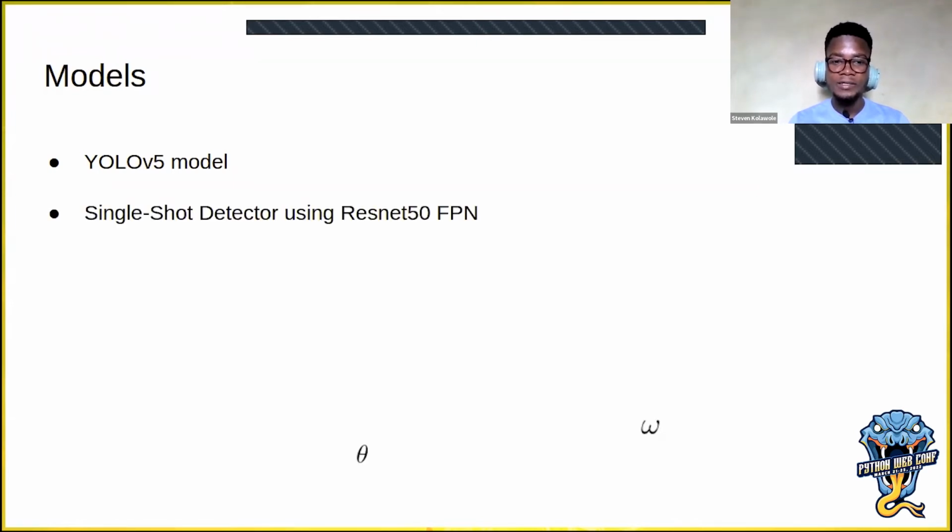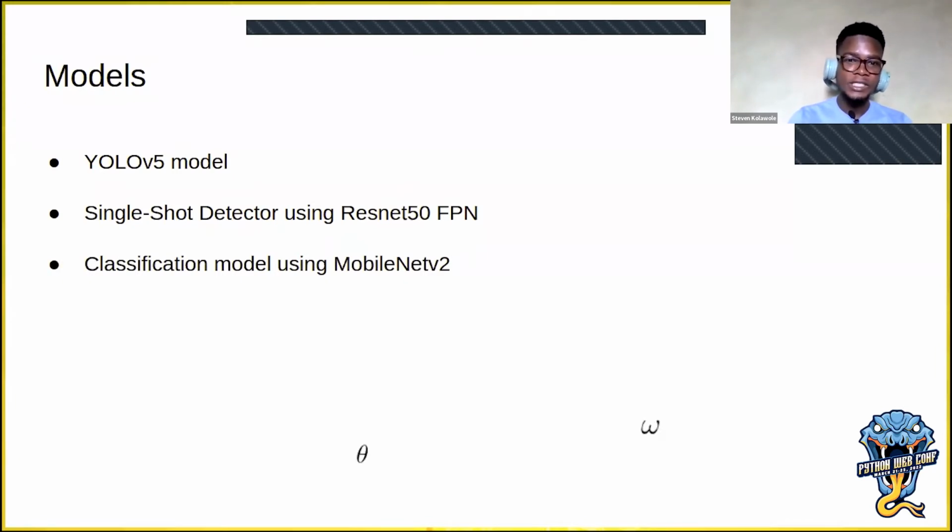And then we tried out an SSD model using ResNet50 FPN. ResNet50 is a very popular object detection model too. And then finally, we discarded the annotation files, and we used just the images to train a plain classification model. And we made use of MobileNet as our classification model.